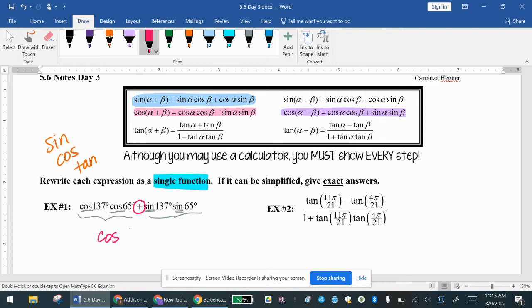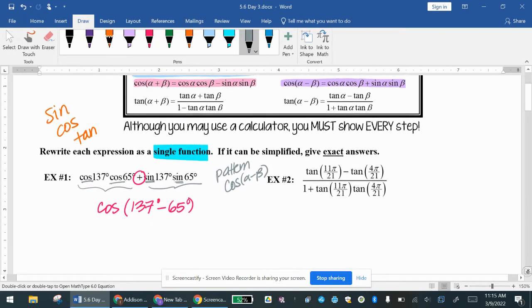So cosine of the first angle minus the second angle. Again, this matches the pattern of cosine of alpha minus beta. That's why I'm subtracting them.